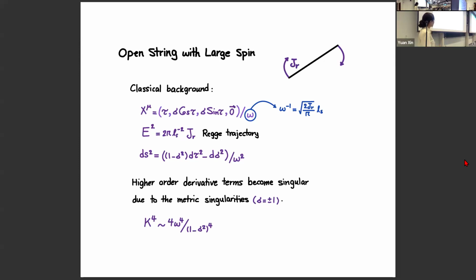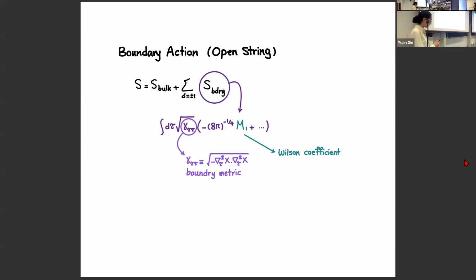You can see that the higher order derivative terms become singular due to the metric singularities. For example, the first non-zero term in the derivative expansion, curvature to the power of 4, becomes singular at sigma equal to minus or plus 1, at the endpoints.